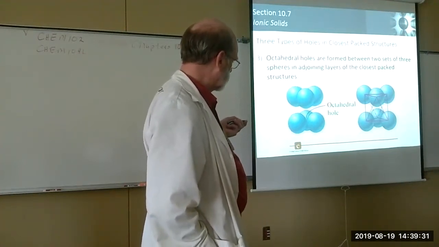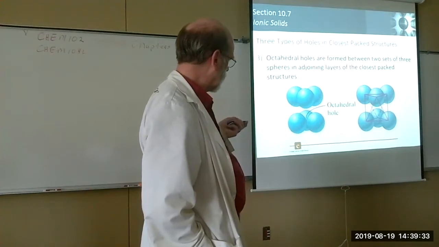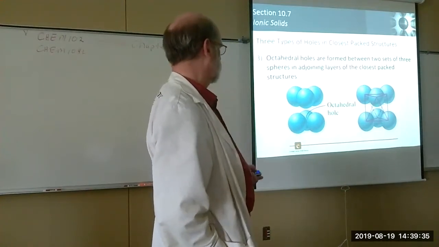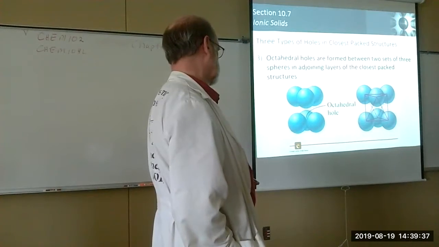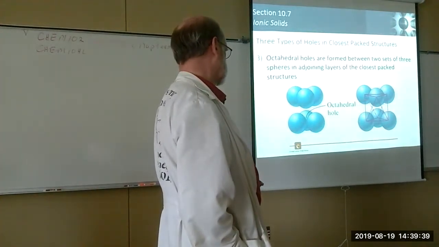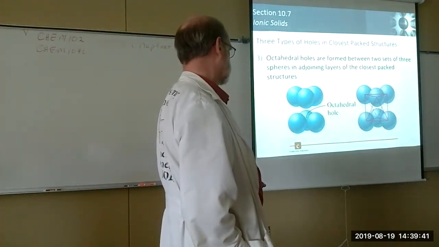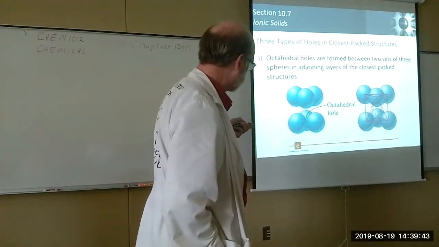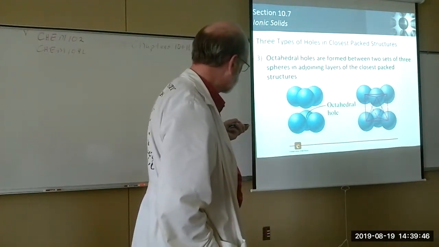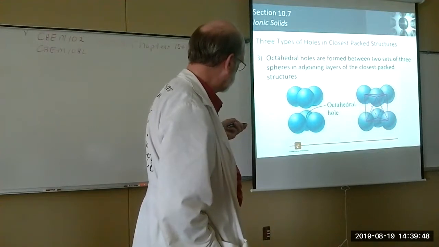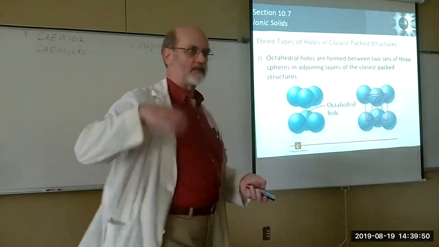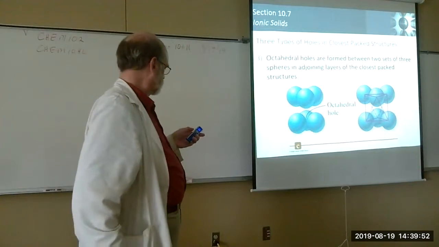Well, that's only 6 sides. Oh, 7, 8. On the front side you've got this one, 2, 3, and on the back side you've got that one, 1, 2, 3. Then these two. So that is 8 sides, and you do have an octahedron there.